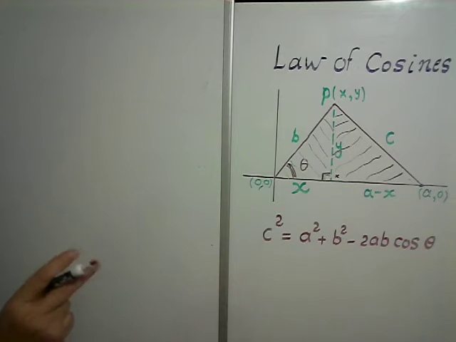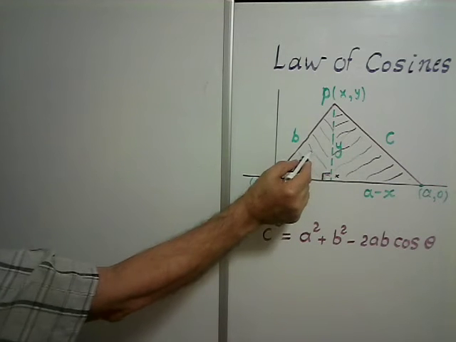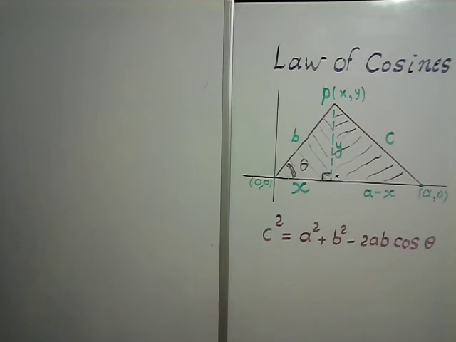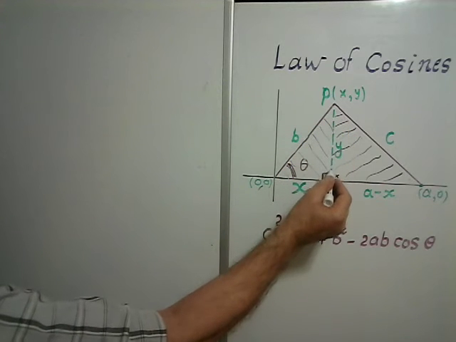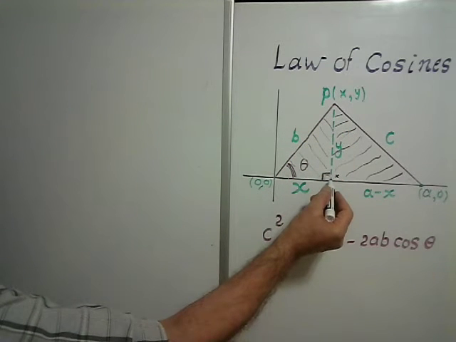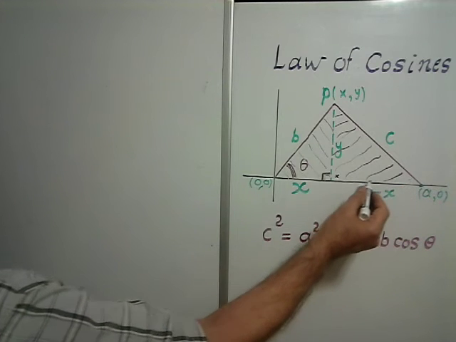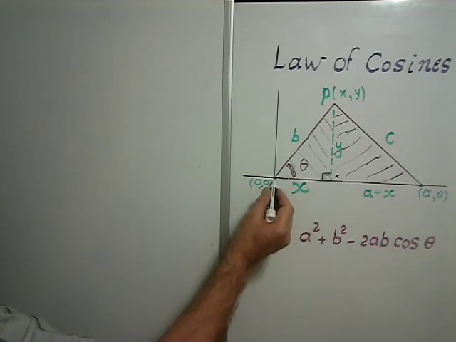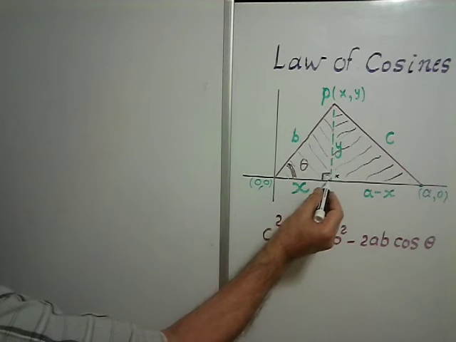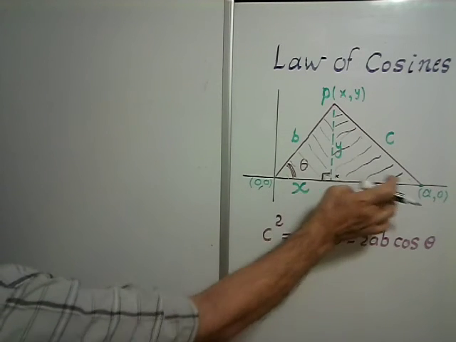So I will use Pythagorean theorem twice for the first triangle here and the second triangle here. For the first triangle, look, this is y, and this is the side A after subtracting this from A, because this part is not lying in this triangle.